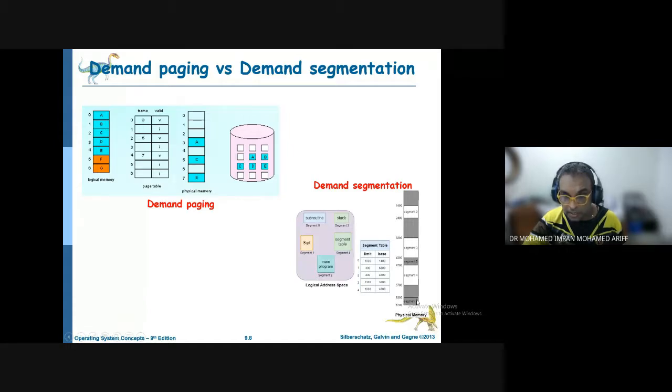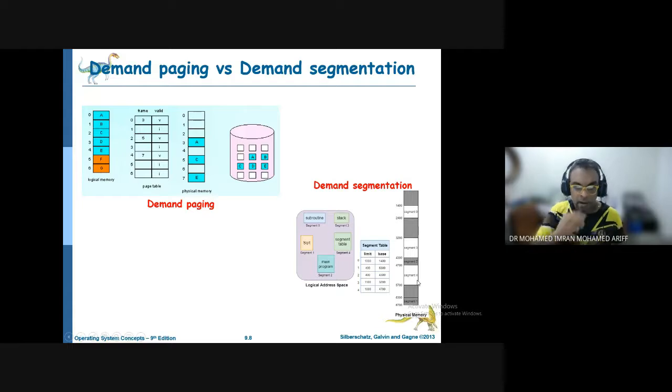It means the file of interest is inside this place. Segment 4 is inside 4700, and the size is 1000, so 5700. Meaning the file of interest in segment 4 is between 4700 and 5700 inside here.